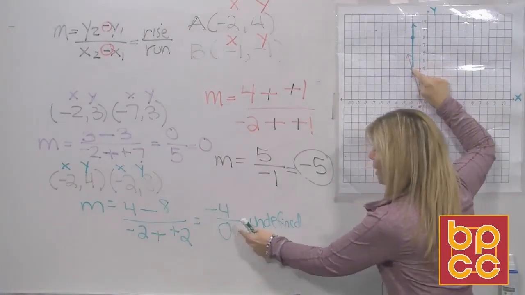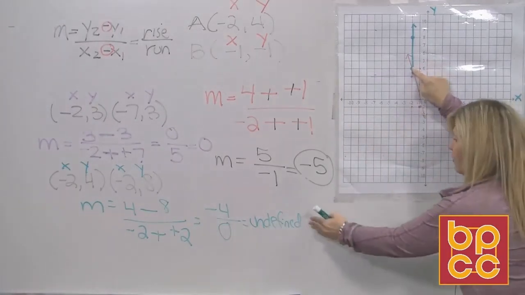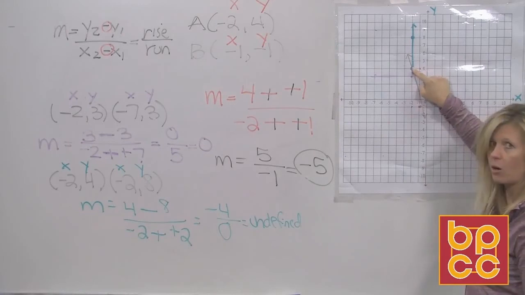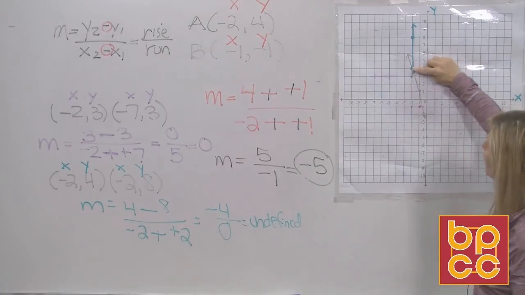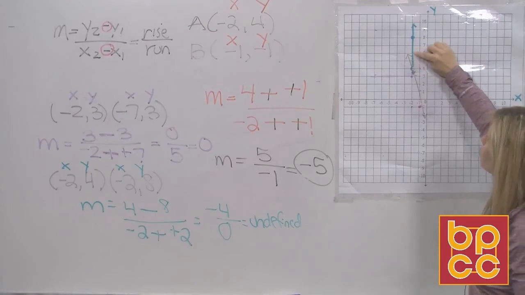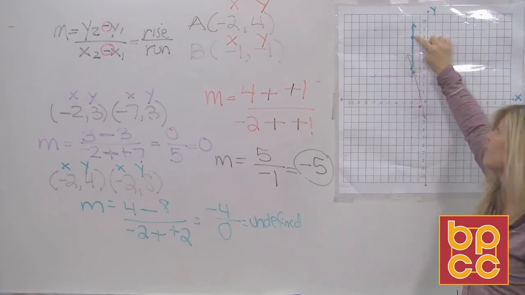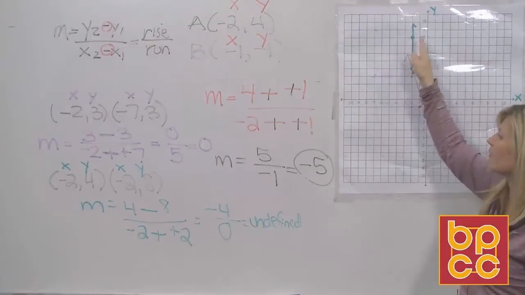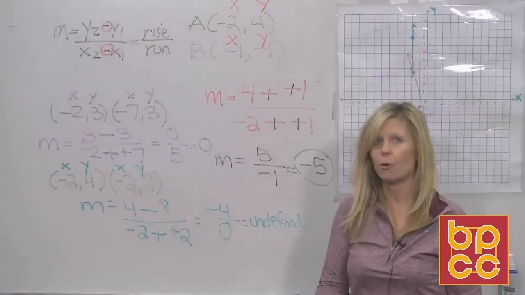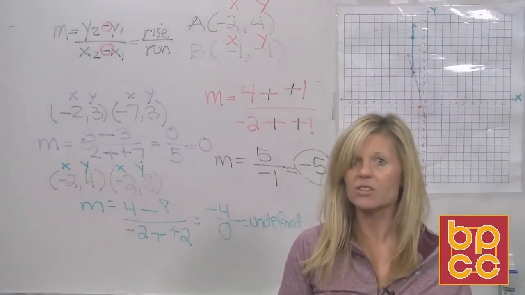So my run is 0. And that means a value of undefined. There is no number in our number system. If I did it this way, my rise would be up 1, 2, 3, 4, so my 4 would be positive. But again, I don't need to run right or left, so my run would be 0. 4 divided by 0 is undefined.